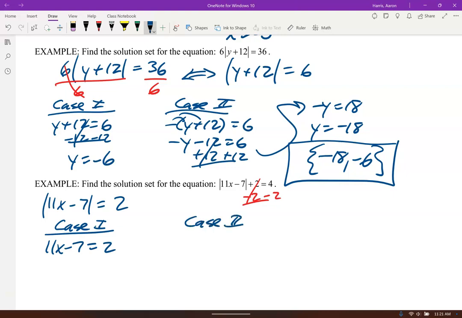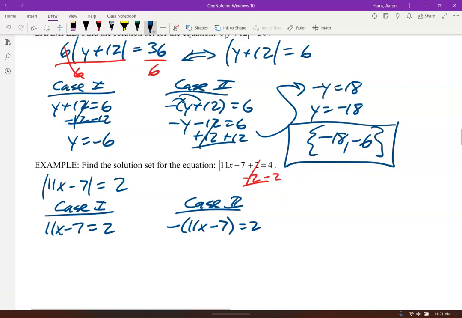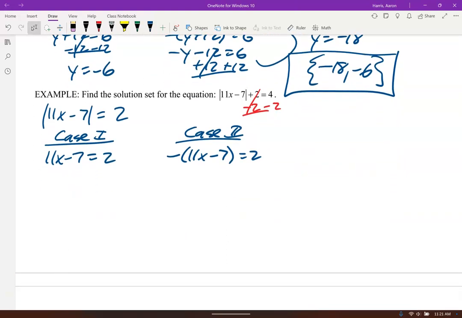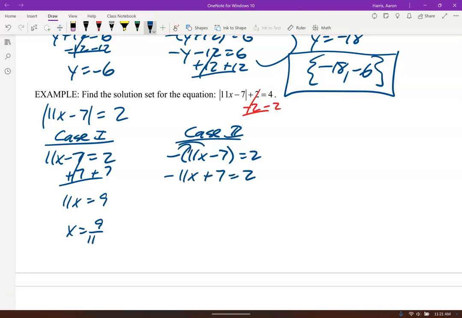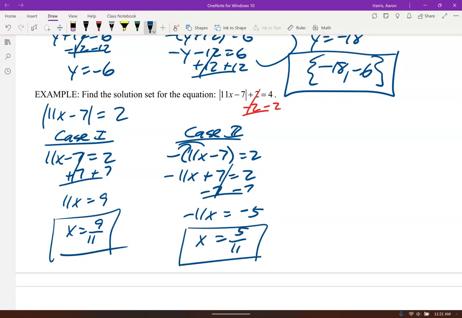Case 2, put a negative in front. So 5/11 and 9/11.